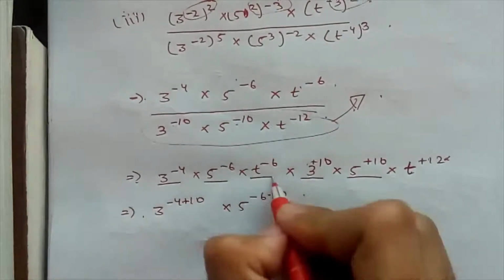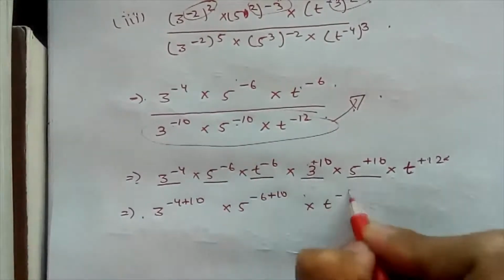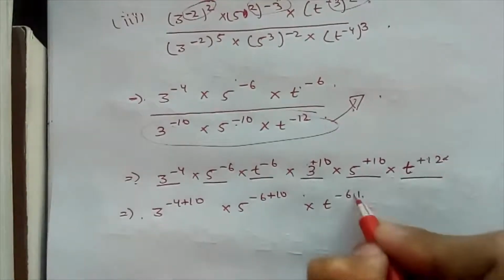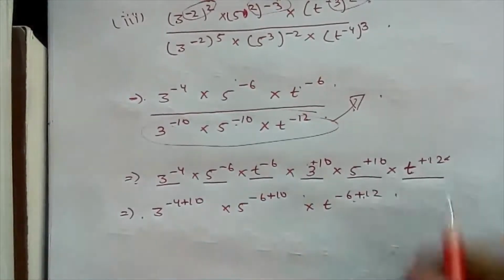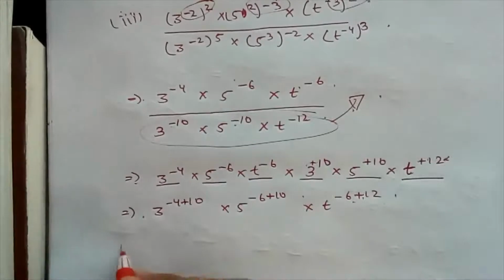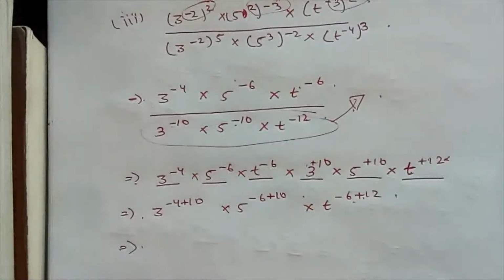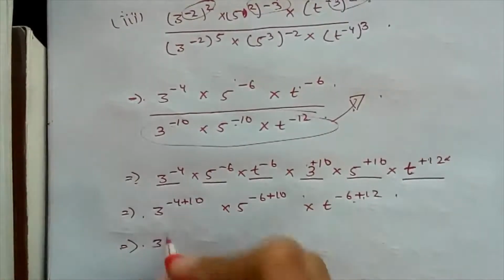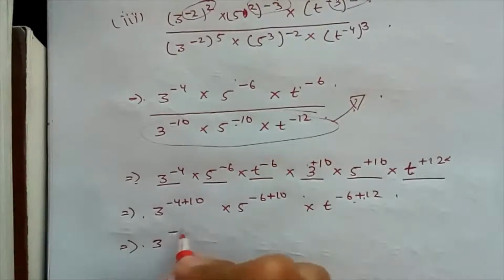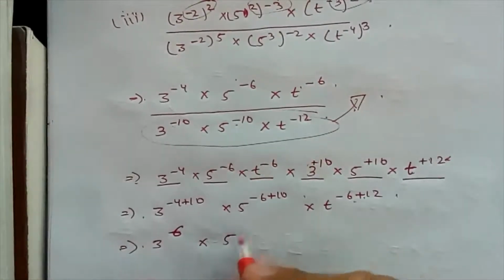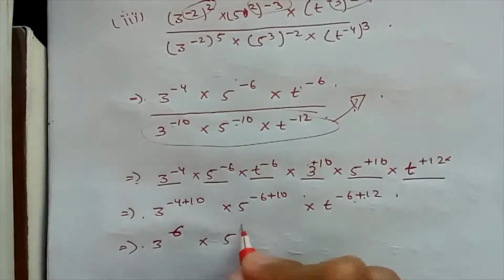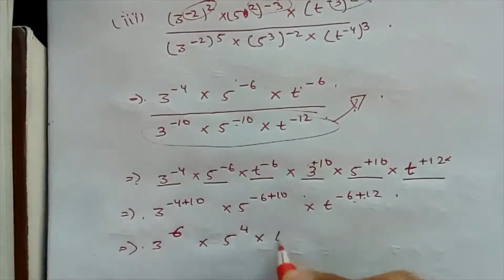T to the power minus 6, t to the power plus 12. So here it's plus 12. Now we quickly solve it. It will be 3 to the power 6, 5 to the power 4, t to the power 6.